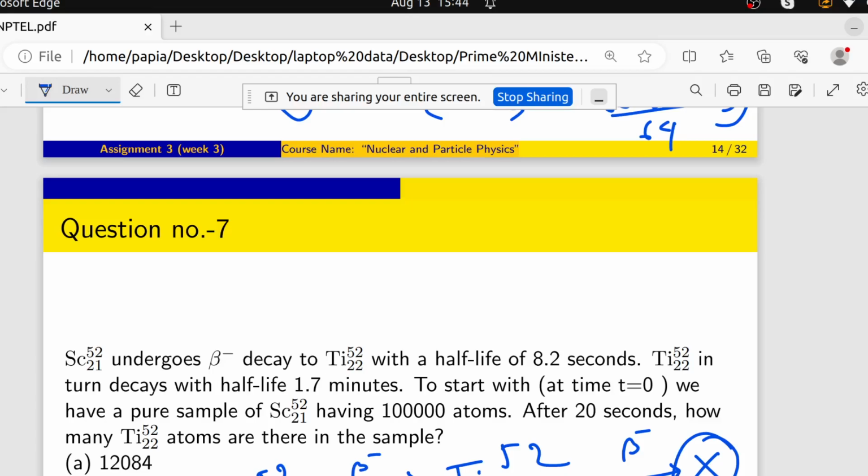Just remember that one is in minute and the other is in second, so obviously we have to convert this minute to second, because 1.7 into 60 seconds.